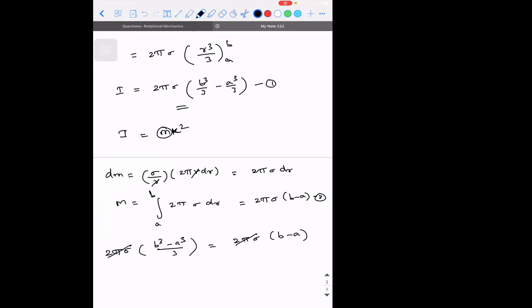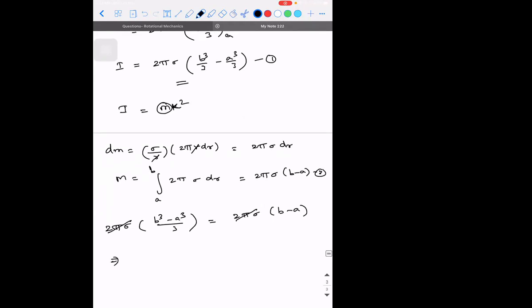2 pi sigma will get cancelled. b cube minus a cube is b minus a into b square plus ab plus a square. This is equal to b minus a times k square.